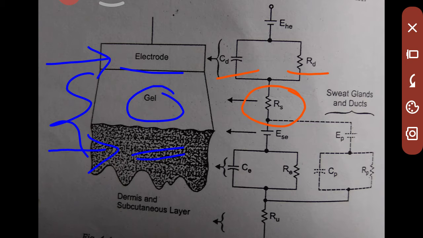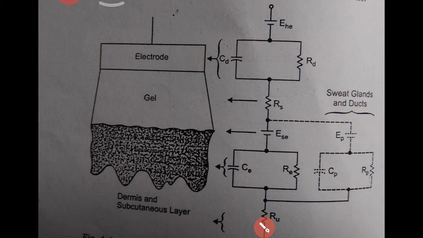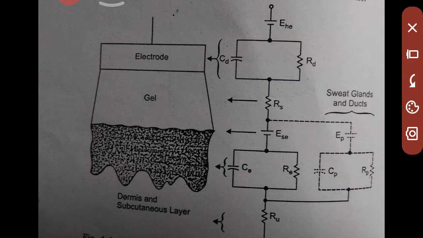This is one layer of the electrode, not a single layer of the electrode. Then the second one is the skin interface. First one is the electrode and gel interface, and the second one is the gel and skin interface. This is your second interface.